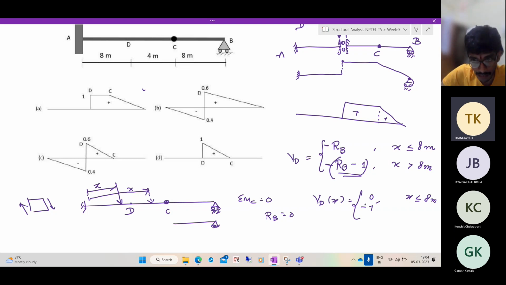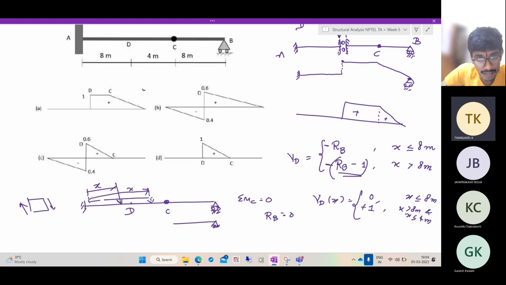Minus 1 into minus 1 is plus 1. So when X is greater than 8 meters and less than or equal to 16 meters, it is a constant. So that is fine.